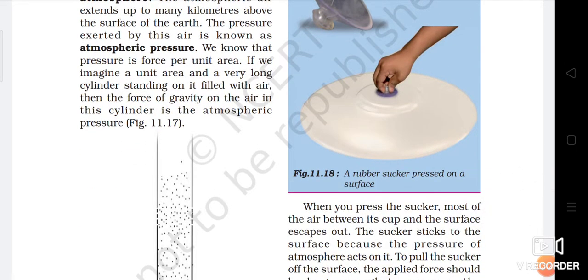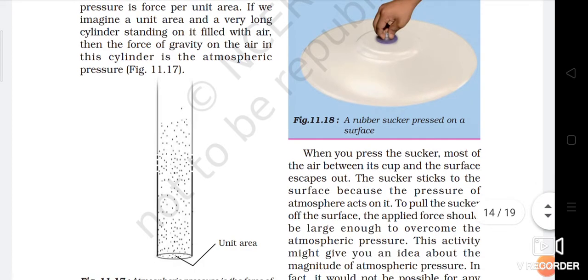When you press the sucker, most of the air between the surface and the rubber sucker will move out. The sucker sticks to the surface because the pressure of the atmosphere acts on it. To pull the sucker off the surface, the applied force should be large enough to overcome the atmospheric pressure.